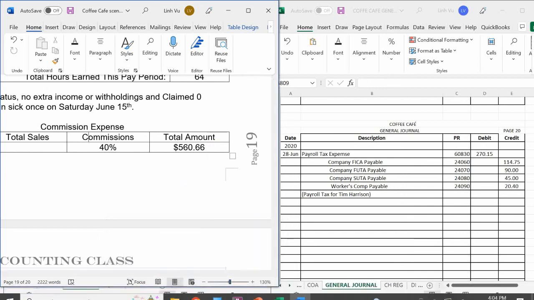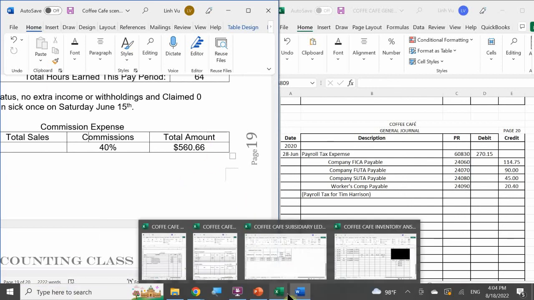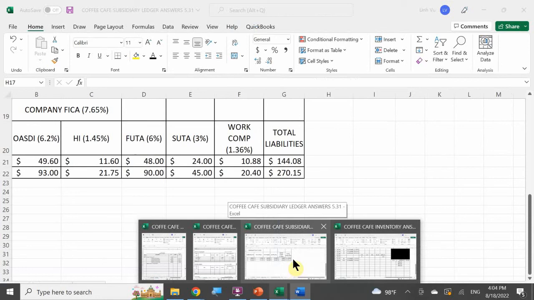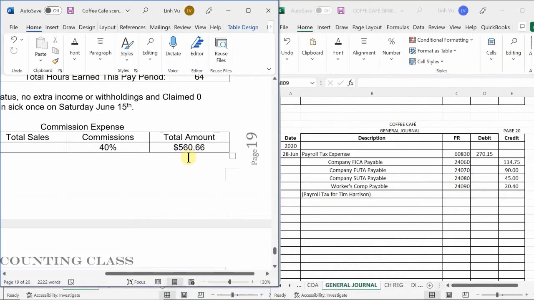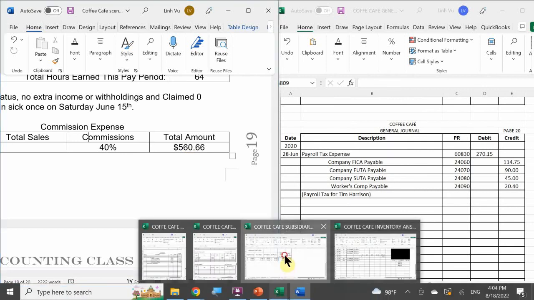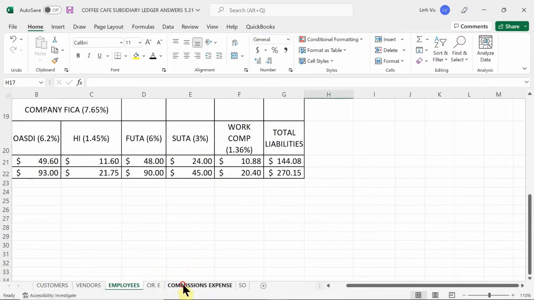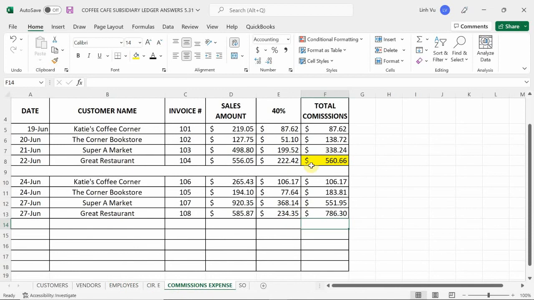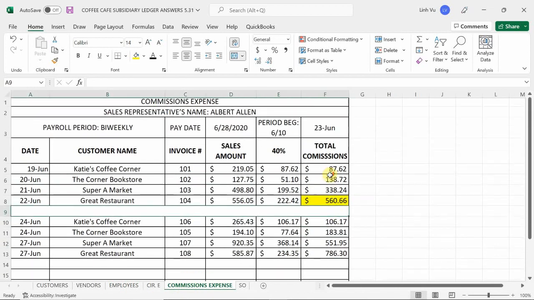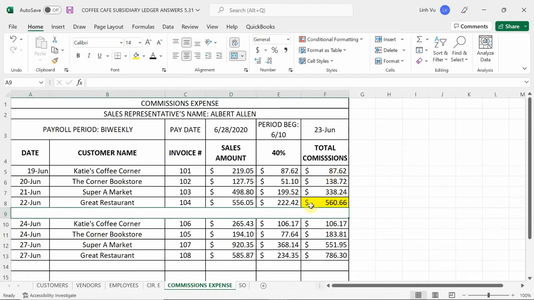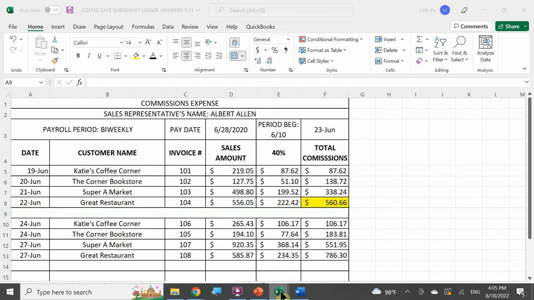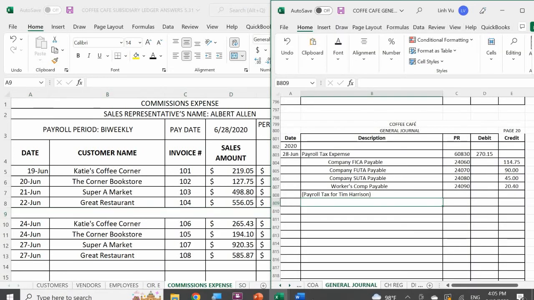Is that number true? I think I forgot to erase that. Let's take a look. Where can I find Albert's commission list? On the subsidiary. Yes, on your subsidiary. So if I go to commissions, we owe Albert $560.66. Was that right?